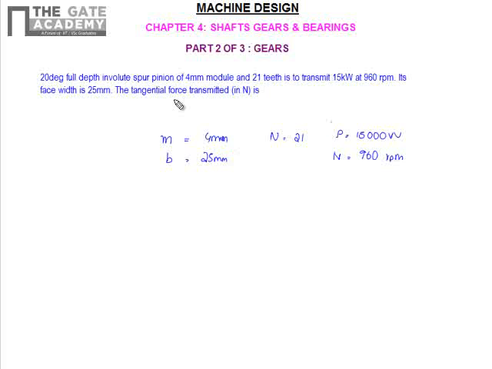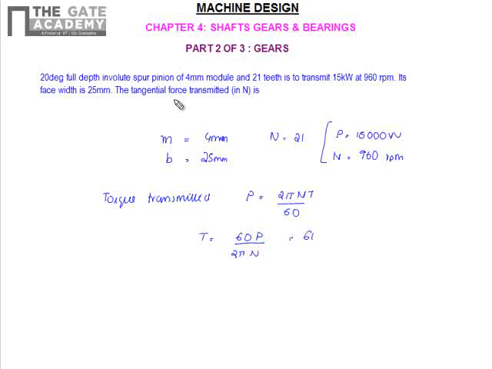Now the power is given and the RPM is given. So what will be the torque transmitted? Torque transmitted can be found out by the relation P is equal to 2 pi n T by 60. Therefore torque T will be 60 P divided by 2 pi n.